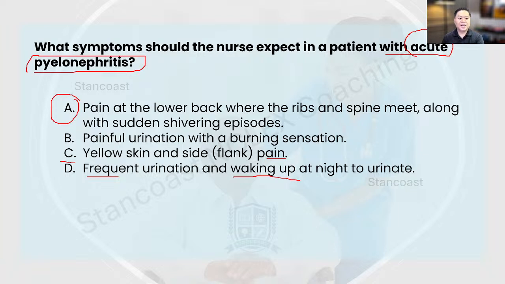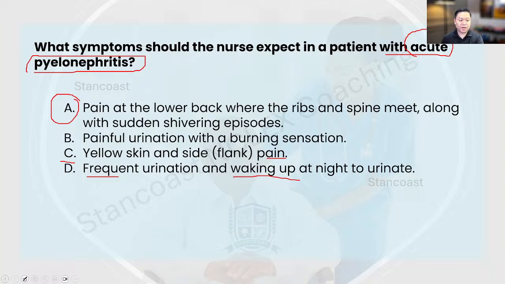All right. Now, part of the strategy here is to also differentiate the symptoms, like I've said, because there are a variety of symptoms that are not shared between the acute and the chronic pyelonephritis. Also, the liver problems, we don't have that yellow skin, okay?